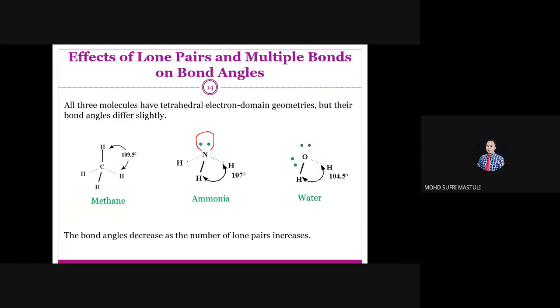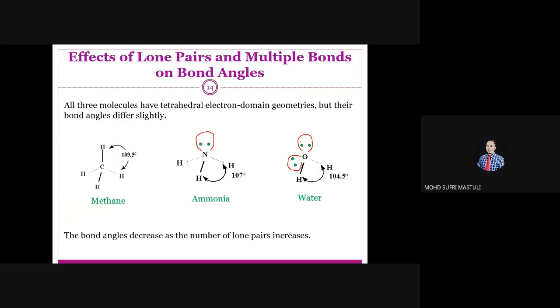So for the water, we have two lone pairs, because the water is no longer tetrahedral, it is a bent geometry or a bent shape.